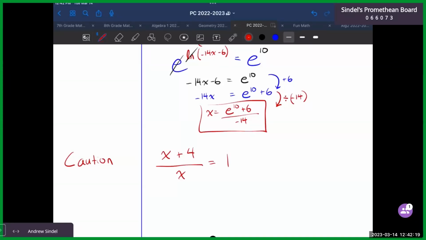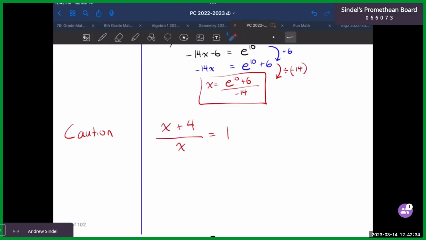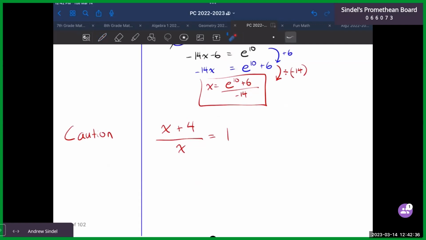Okay, watch what happens when you're trying to solve something. This seems unrelated to any of the math that we're doing up here, but eventually you might encounter something that looks like this. From here, this is how you solve this problem. You move this one up here, and you say it's really 1 divided by 1, so it's a fraction equal to a fraction.